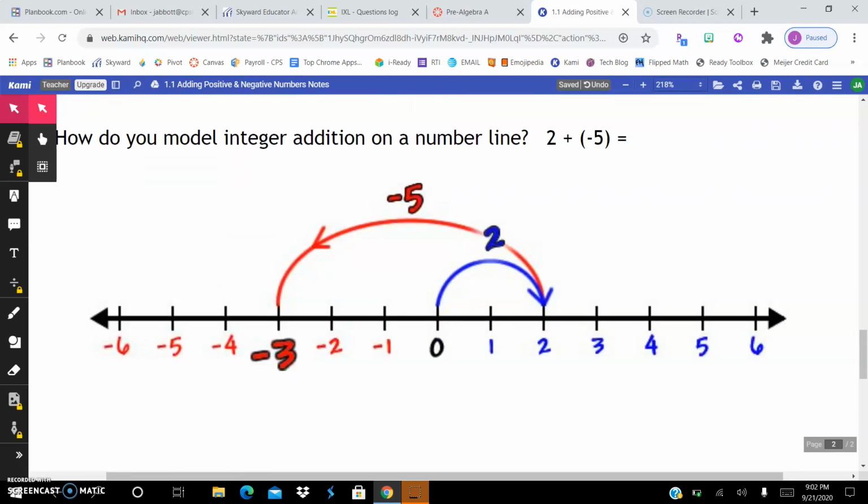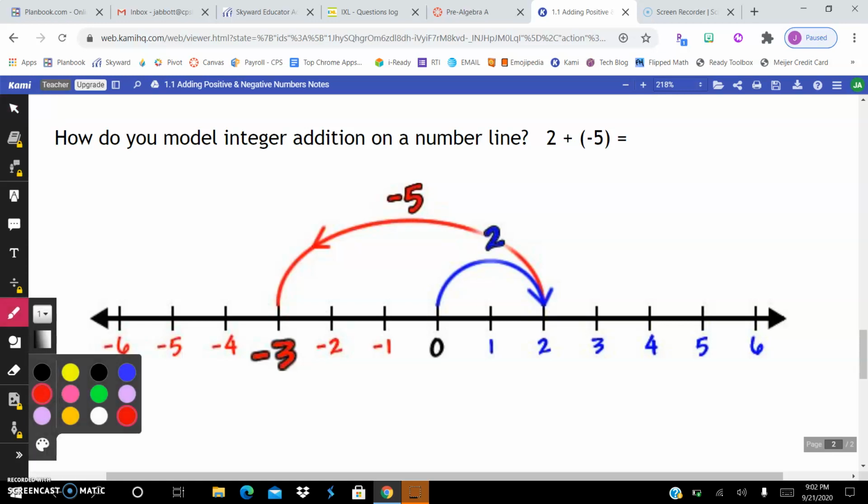How do you model an integer addition problem on a number line? So this problem is showing us 2 plus -5. So we always start at 0, and then we are going to move to the first number. That first number is a positive 2. So if we're at 0, we're going to jump to positive 2. Okay, so we're there.